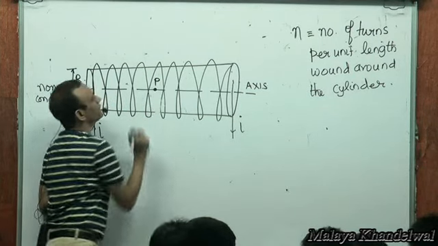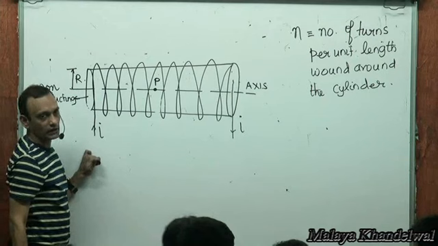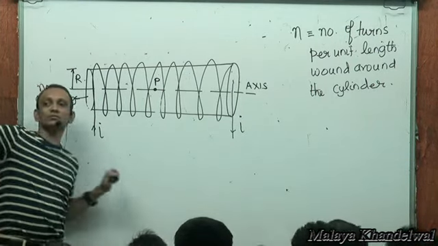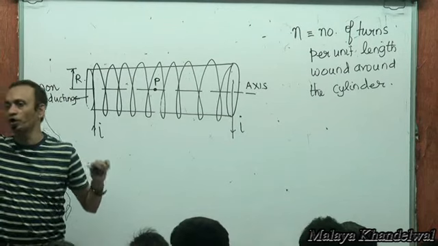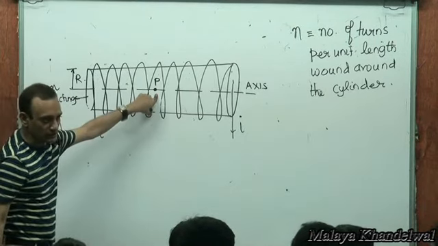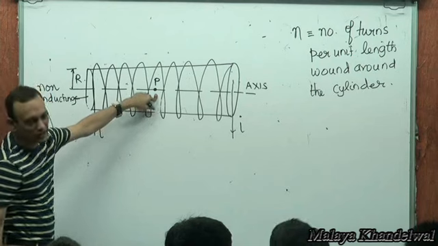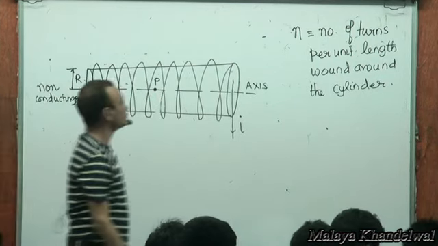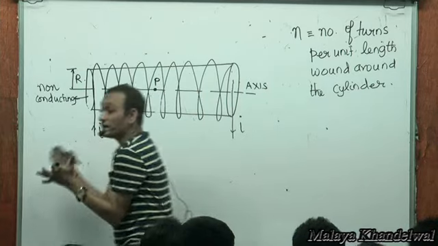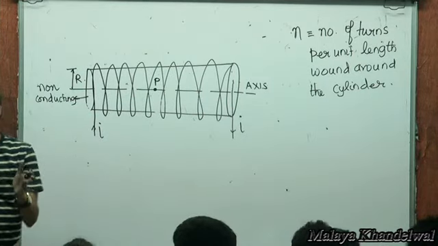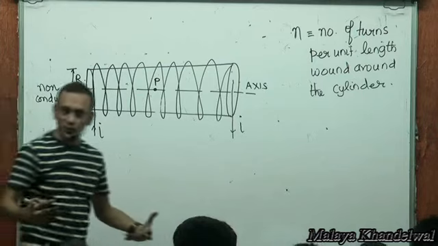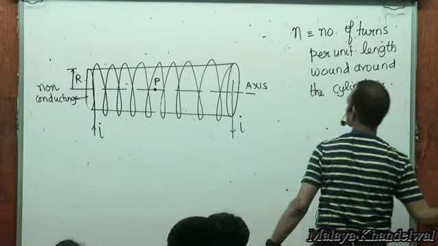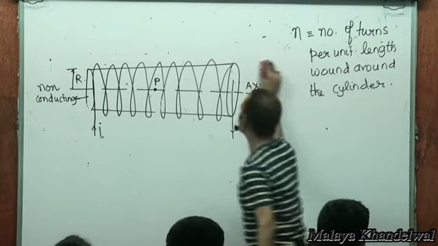At this point P, located somewhere on the axis of the cylinder, I want to calculate the magnetic field because of this coiled arrangement, right? I would have to locate this point P by some means first. What I do is, can I wipe this off?